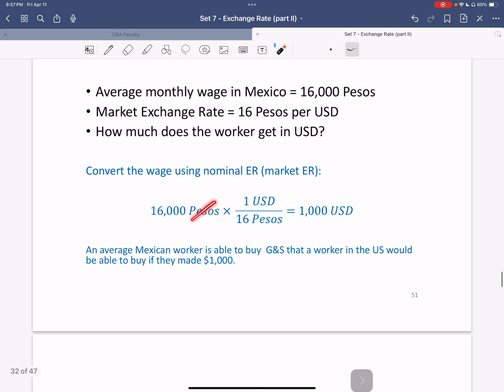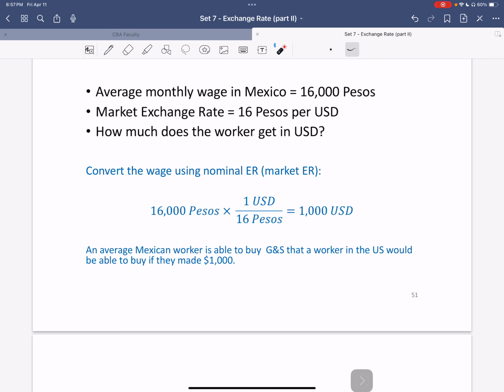So the pesos are going to cancel out. We will get that 16,000 pesos in Mexico is equivalent to $1,000 US dollars.